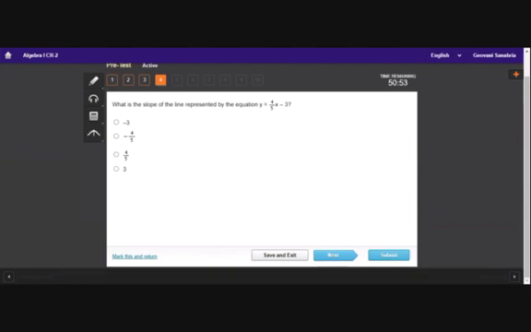What is the slope? Okay. So this is, if you remember what we were talking about at the beginning. What is the slope of the line? And if you want me to share that picture so you can review it from what we wrote down in the beginning, let me know.